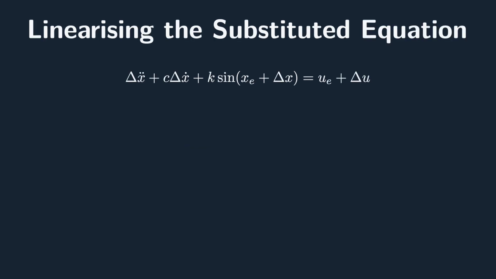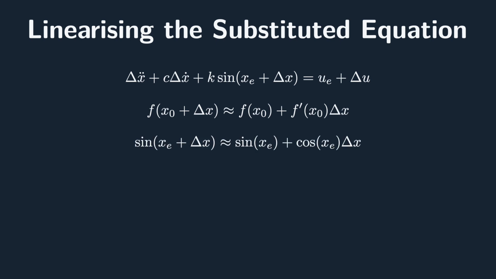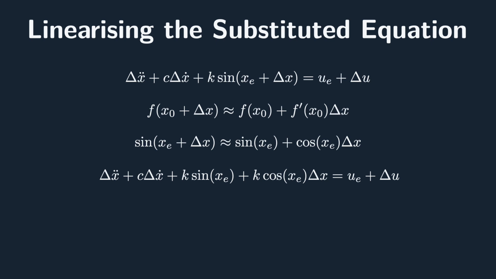We now linearize the remaining nonlinear term. The nonlinear term is sine of x sub e plus delta x. Using the tangent line approximation near x sub e, this is approximated by sine x sub e plus cos x sub e times delta x. Substituting this approximation into the equation gives the term k sine x sub e on the left-hand side and u sub e on the right-hand side.